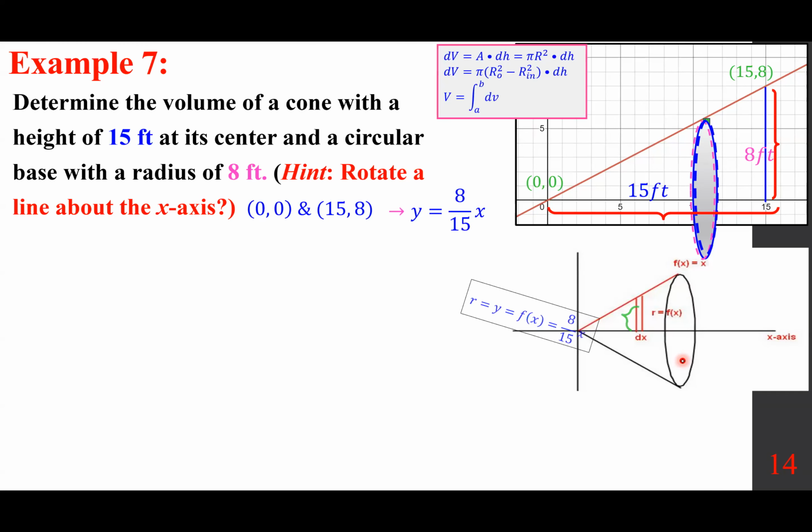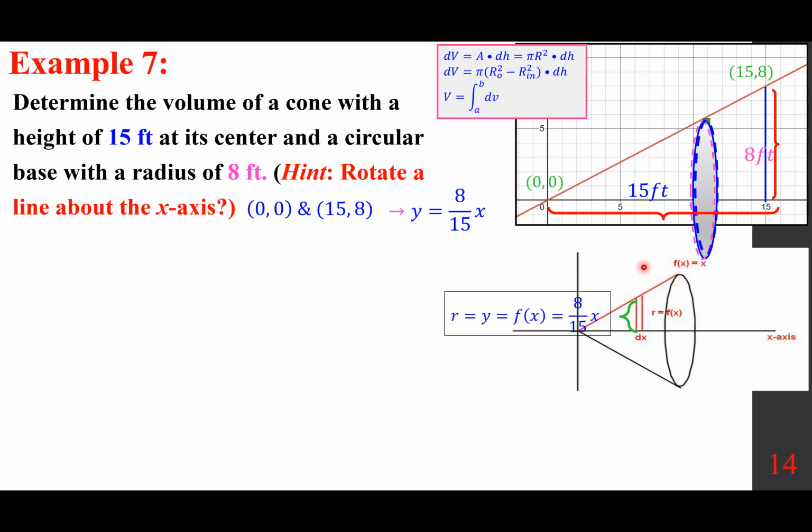So we have this distance, y or f of x, which is 8 over 15 x. And the thickness is dx. So pi y squared, the y coordinate of this point.